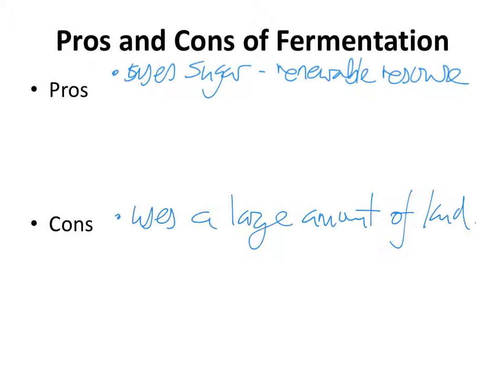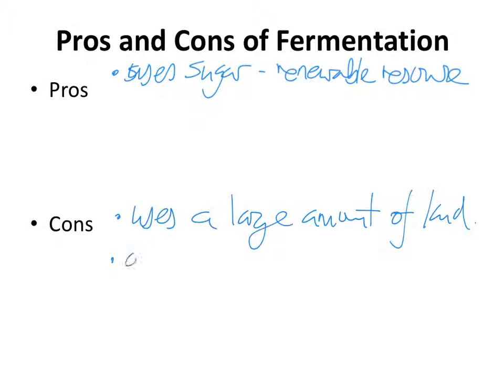It may have been in Brazil, it may previously have been a rainforest, and now there's sugarcane growing on it. So that's a very reasonable minus point in the box of fermentation.